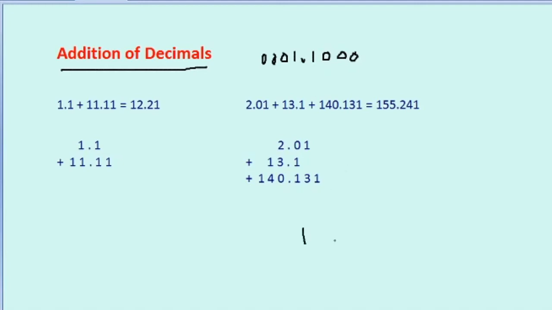Like if it is 1.1, if I write a 0 here, then this will become 10.1. Another example, if it is 1.1 and I write a 0 here, now it will become 1.01. So 1.1 is bigger than 1.01.